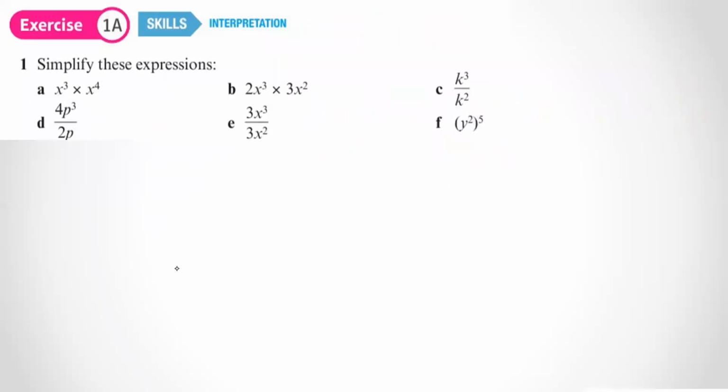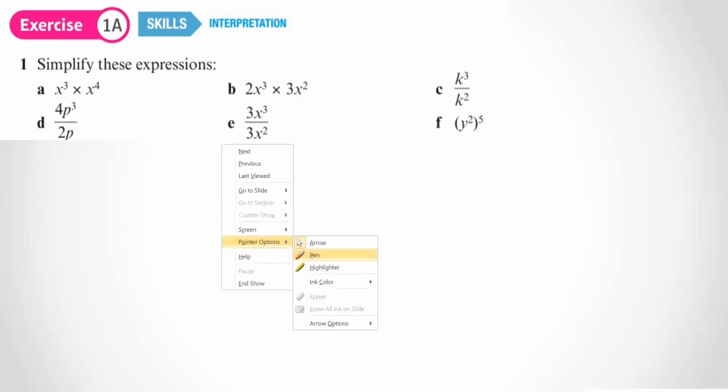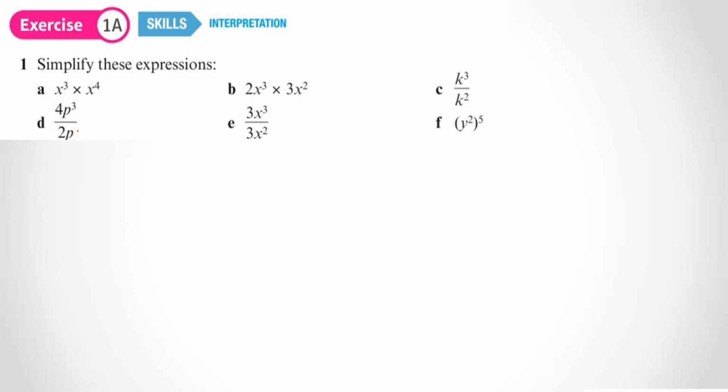So here you have exercise 1A. Simplify the expressions. We simplify the algebraic expressions using index laws. There are so many questions in this exercise, so I will be choosing some difficult ones to solve, and the remaining ones I will give you as an assignment.